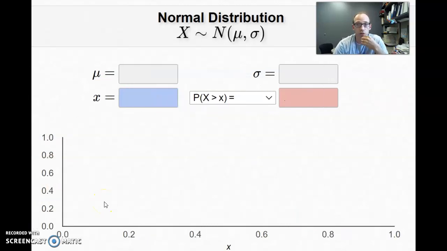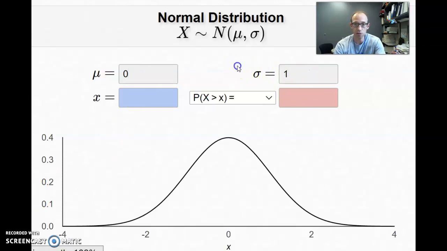You could also do things with the standard normal distribution, or the Z-score distribution here. Remember that that's a very specific and special normal distribution where the mean is 0 and the standard deviation is 1. So this distribution right here is the standard normal distribution.